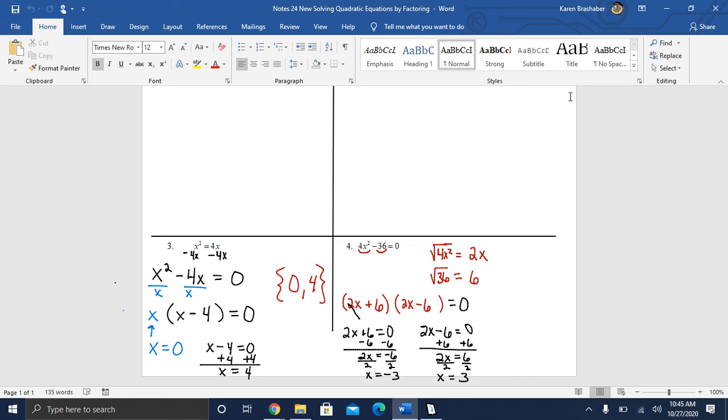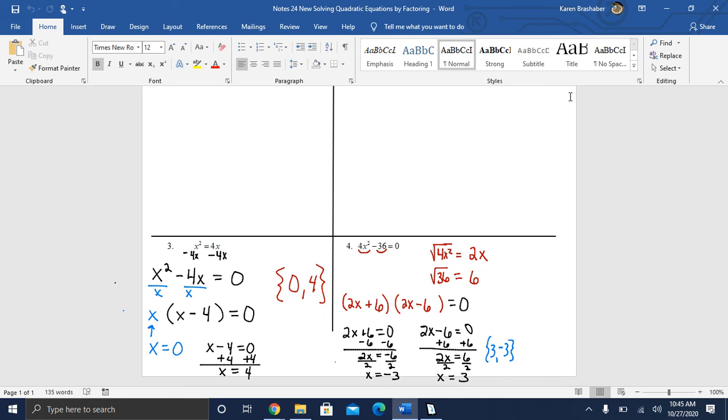So we do get two answers. They are two different answers. And if you need to write your answer in a solution set, the two answers would be 3 and negative 3. So there's just a little bit about solving equations by factoring. And you saw the three techniques.